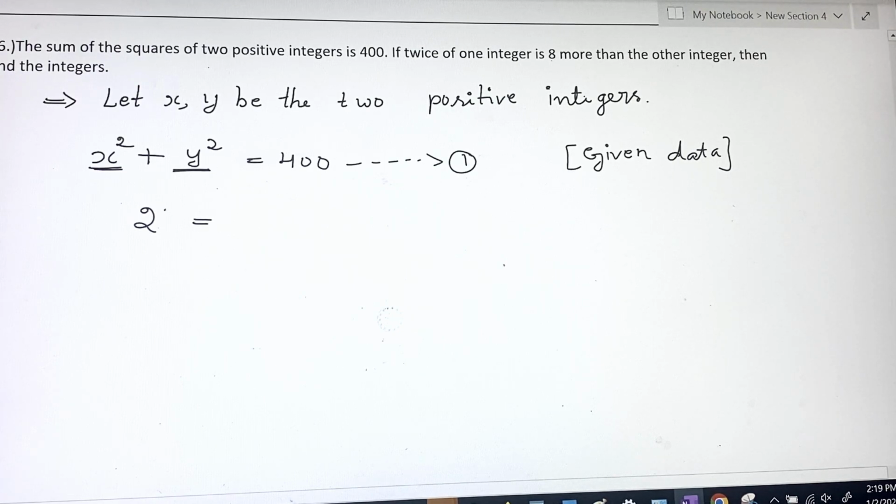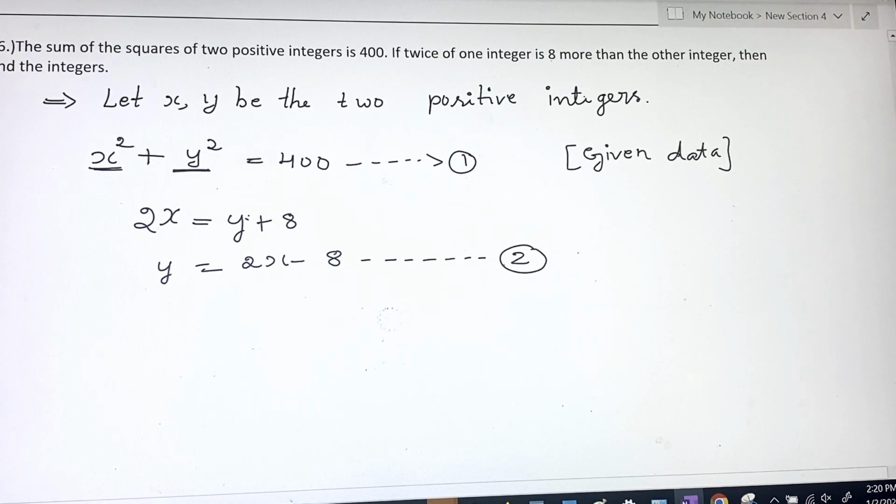One integer is x, so twice of one integer is 8 more than the other integer. 8 more means we need to add 8 to the other integer, y plus 8. So we can write this as y is equal to 2x minus 8. We just simplified this equation. Let's call this equation 2, also from the given data.